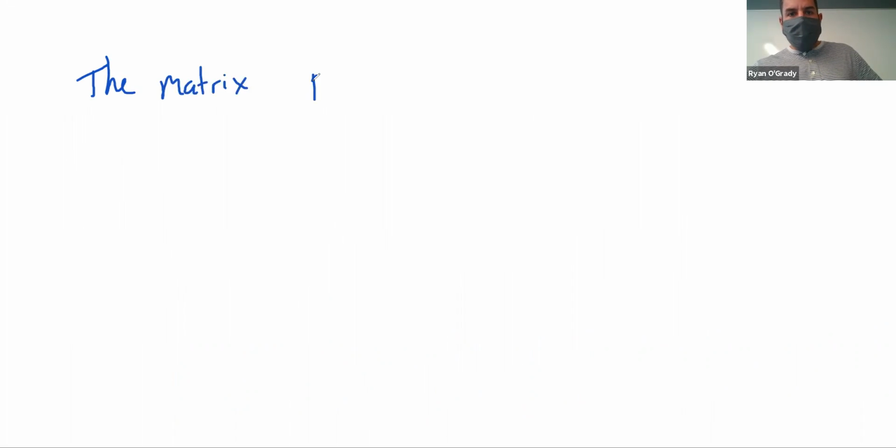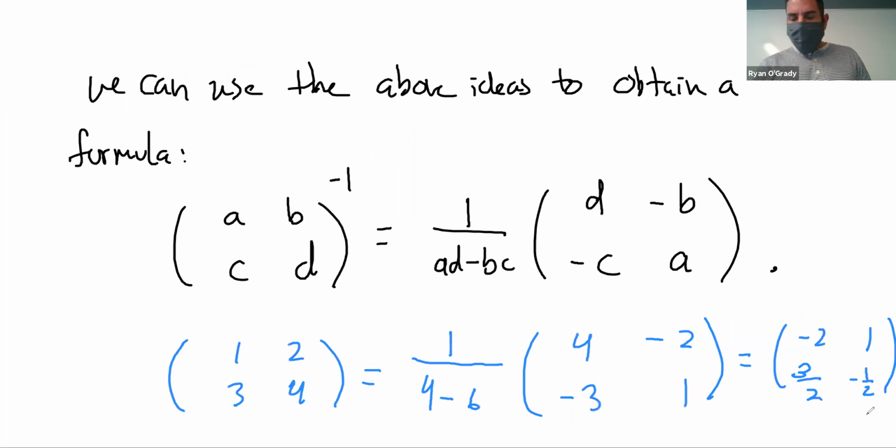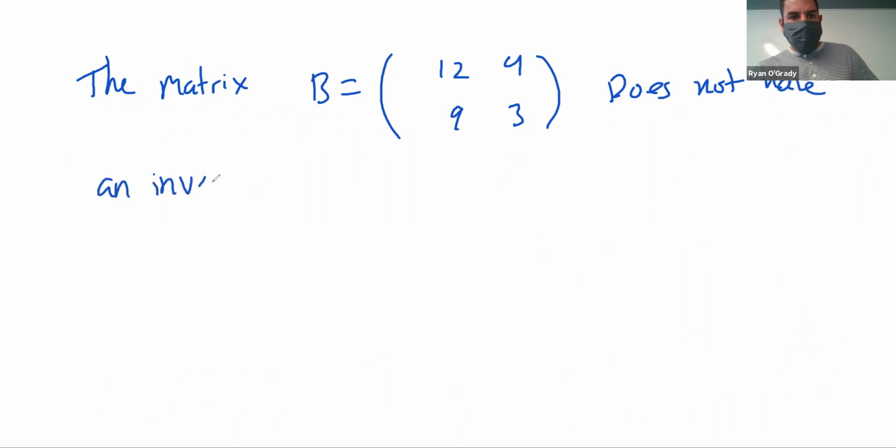The matrix B, which was, what was it? I already forget. I just wrote the stupid thing down. 12, 4, 9, 3. The matrix 12, 4, 9, 3 does not have an inverse. Why?